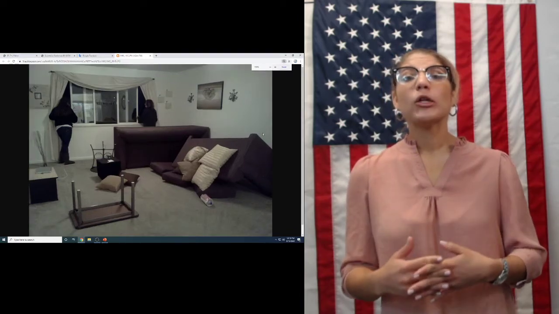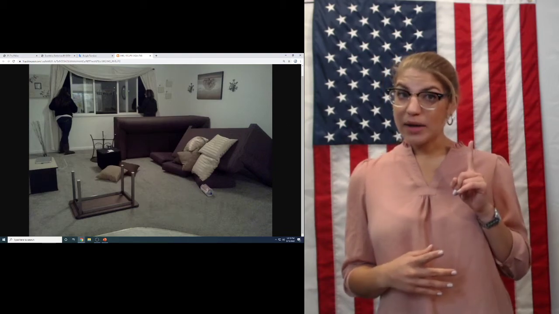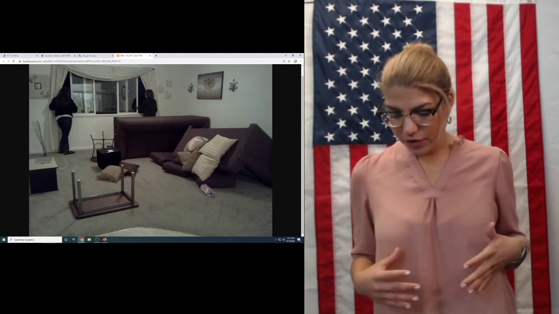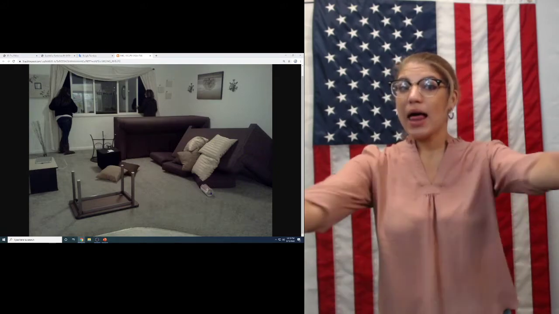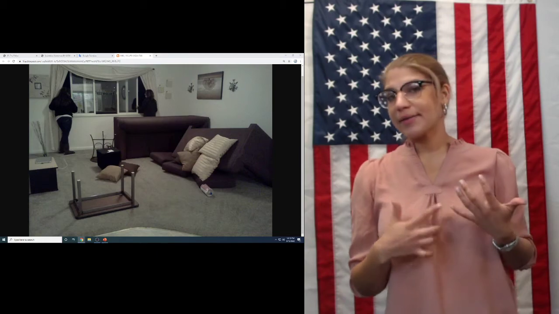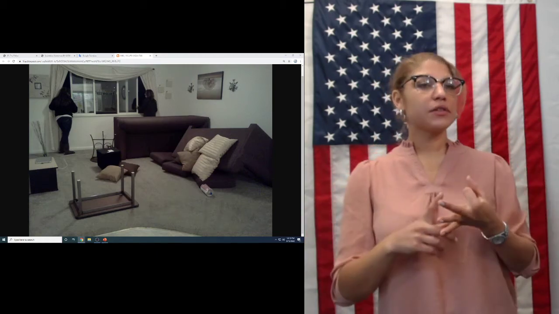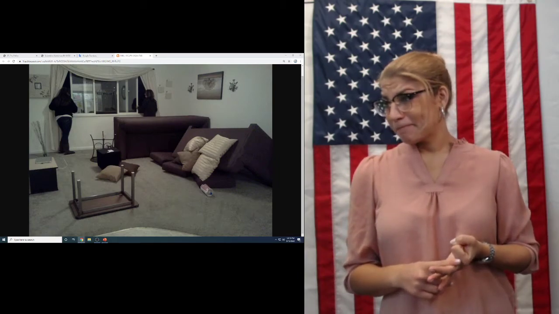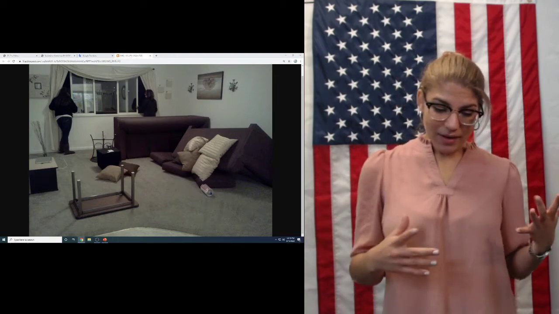Furniture is plural. So it can be one piece of furniture, como una silla, or it could be a lot of furniture, like table and chair and lights, sofas, lamps.